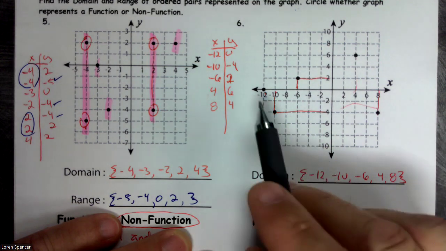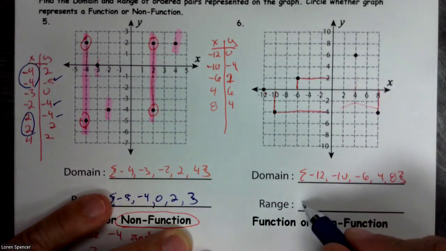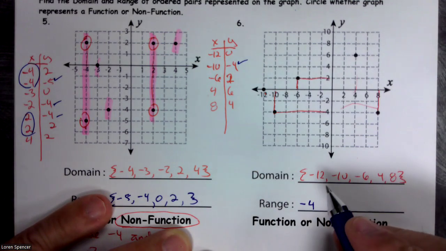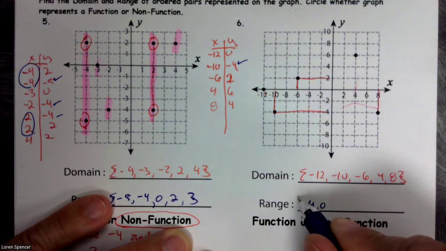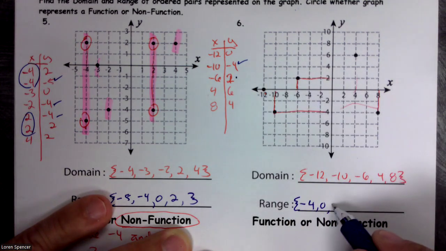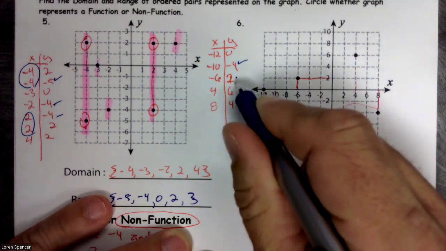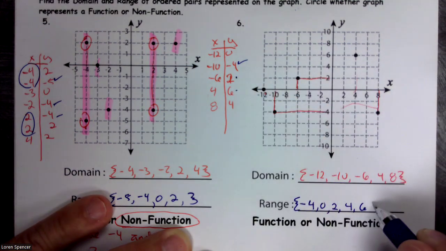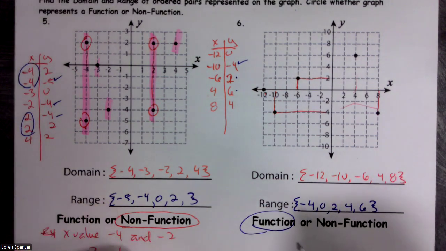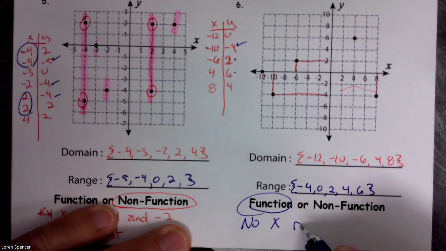The range in order from least to greatest: we start off with -4, the next smallest is 0, then 2, then 4, and then 6. Is it a function? Yes, it's a function. Why? No x repeats.